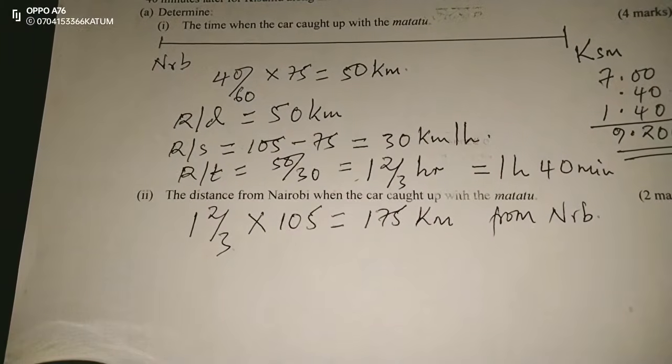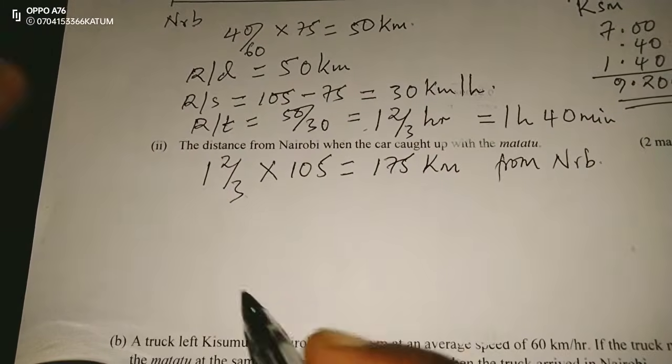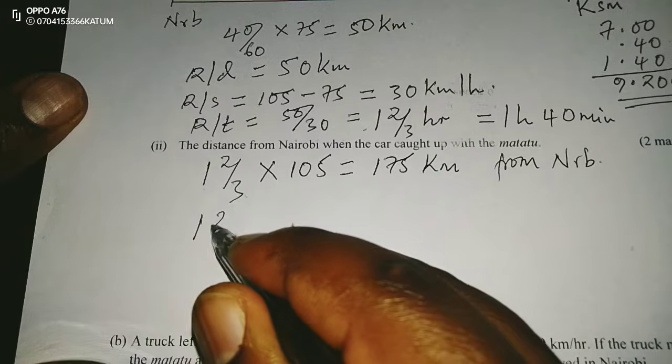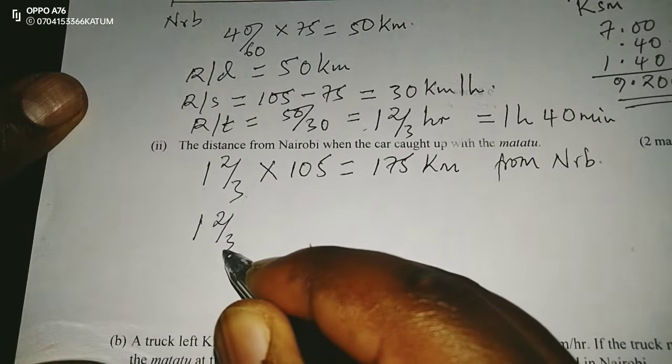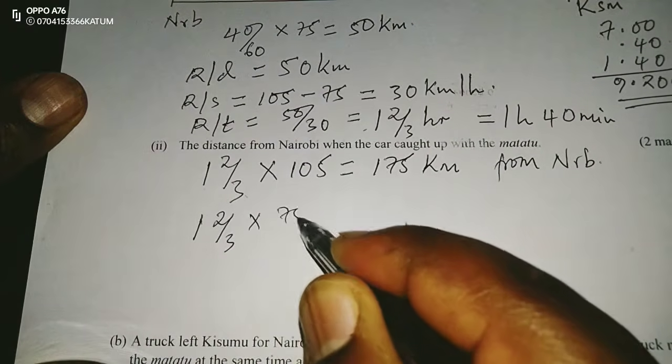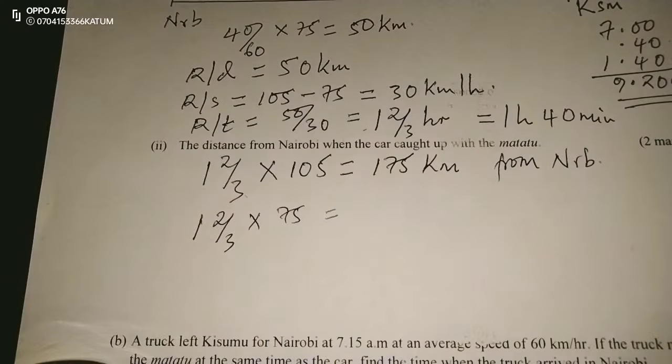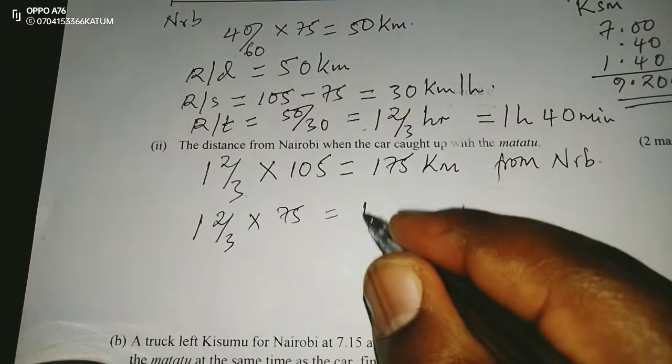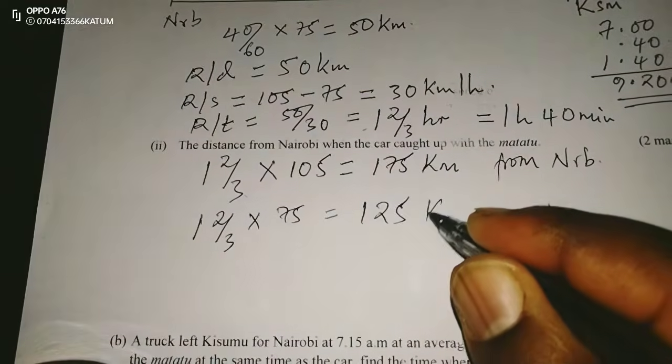This is when we consider the car. When we consider the other vehicle, which is at a speed of 75, we're going to get 125 kilometers.